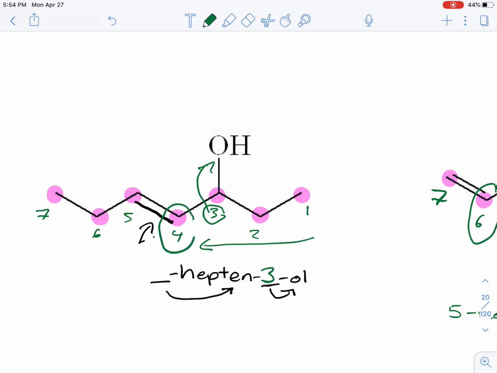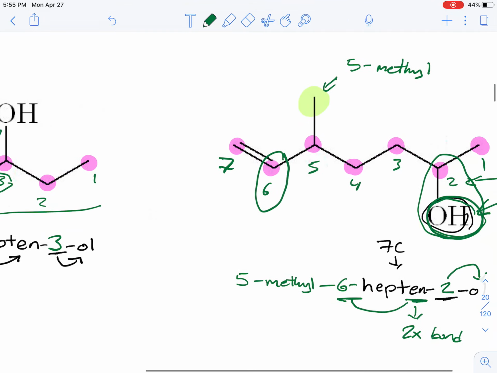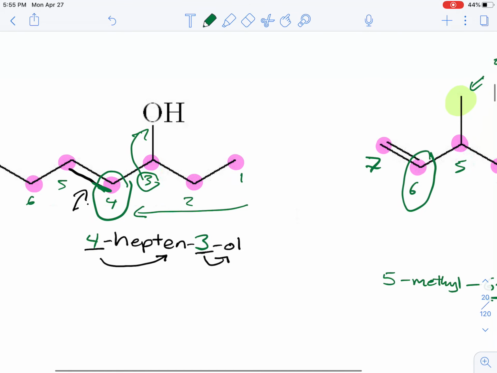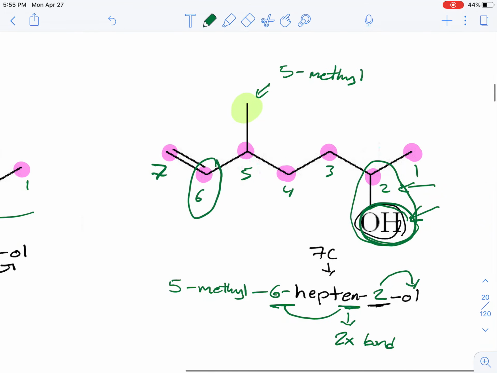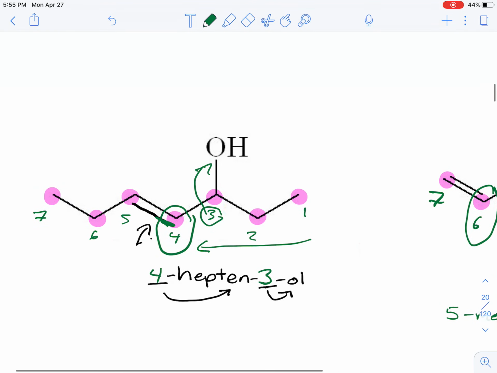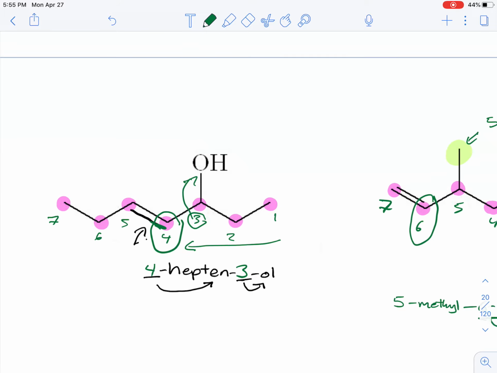And once I hit carbon 4, it looks like that's where my double bond starts. So I'm going to say 4-hepten-3-ol, with all the dashes and stuff. All right, so hopefully doing it a second time clarifies how to incorporate a double bond with an alcohol. Just make sure that alcohol always gets the priority.